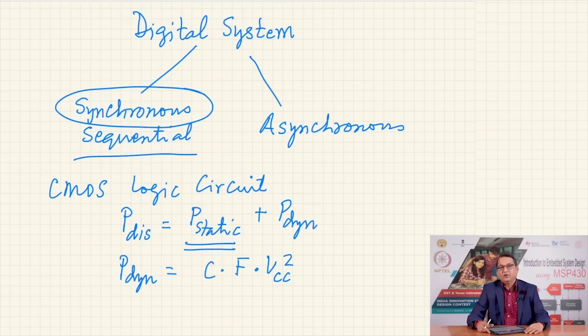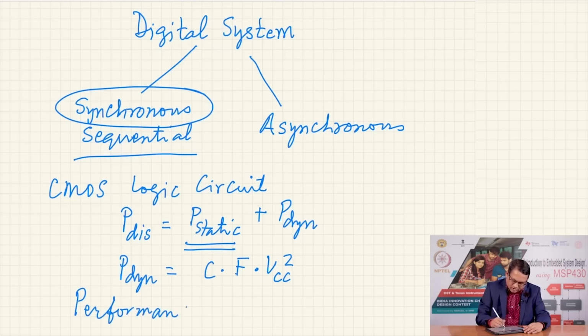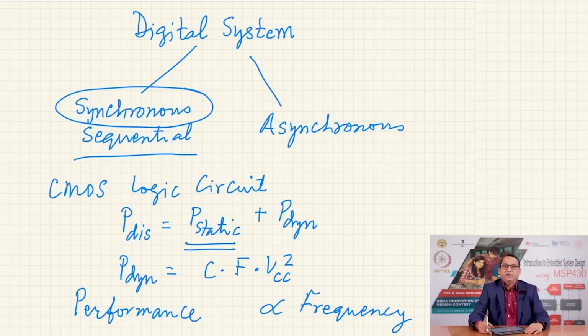What is the argument towards keeping the clock frequency high? Well, the performance of a computer is directly proportional to the frequency. For a given computer, if you double the clock frequency, then it will execute the same program in half the time.